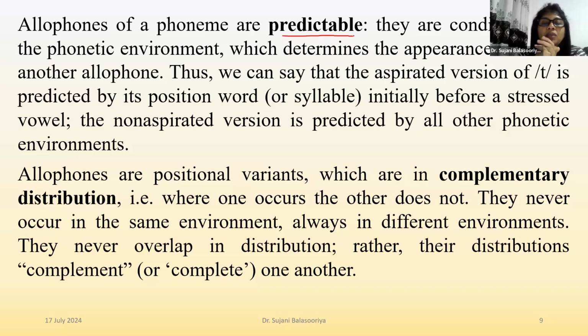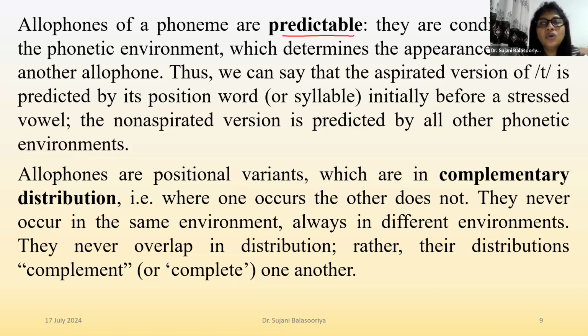Okay, what do you mean by that? Predict means we can say which kind of allophone should be coming in a particular phonetic environment. You have an example here. Aspirated version of t.